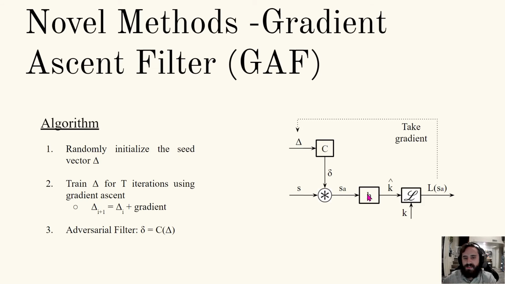And then the classifier, H, observes this adversarial example to produce its guess, K hat, of what the modulation format actually is, K. We pass that through some loss function to get the loss, or how incorrect the neural network is. And then we can take the gradient of that loss with respect to capital delta to update the seed vector. And if you train this seed vector for t iterations, eventually you'll end up with an adversarial filter, C of capital delta, which is very good at fooling this classifier.